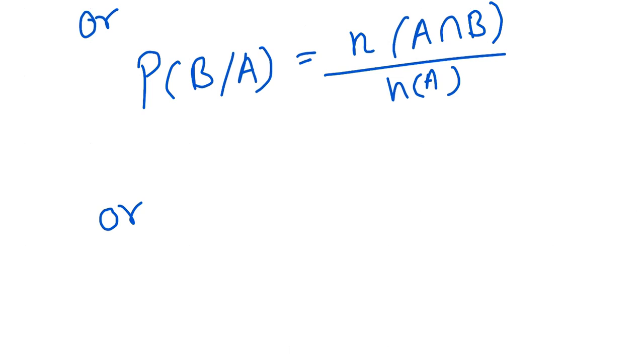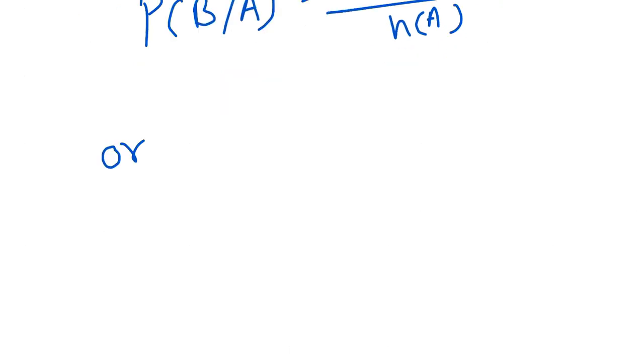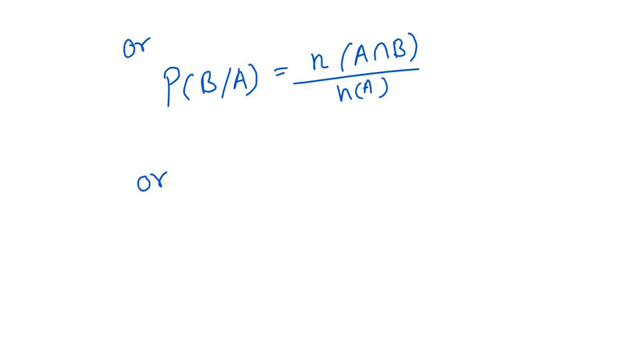And we can find it in terms of probability also. Probability of A intersection B, and also like P(B) or P(A). So let us see.